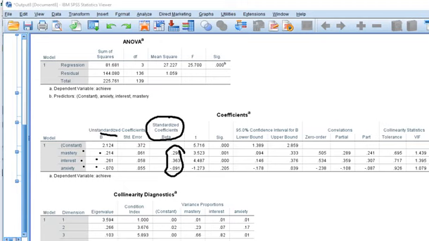In other words, the scale of measurement for each of these variables is different. And so it's really kind of impossible to detect the relative contributions that way.